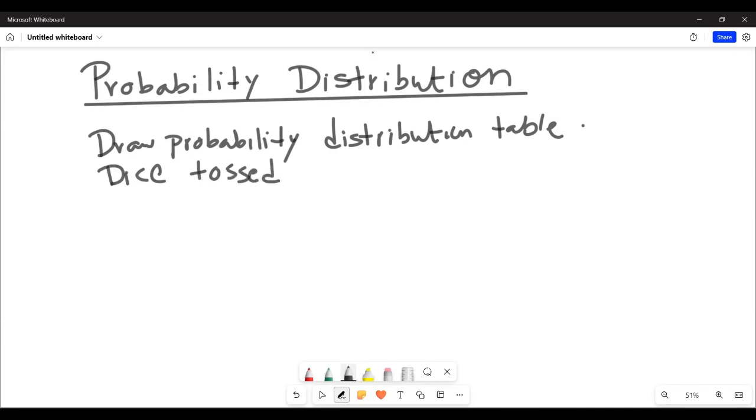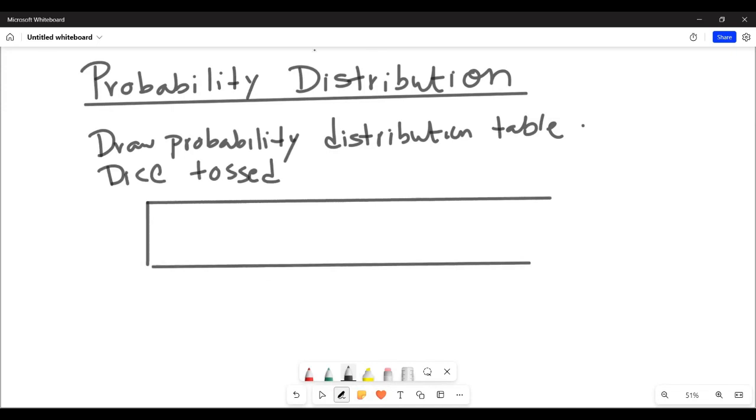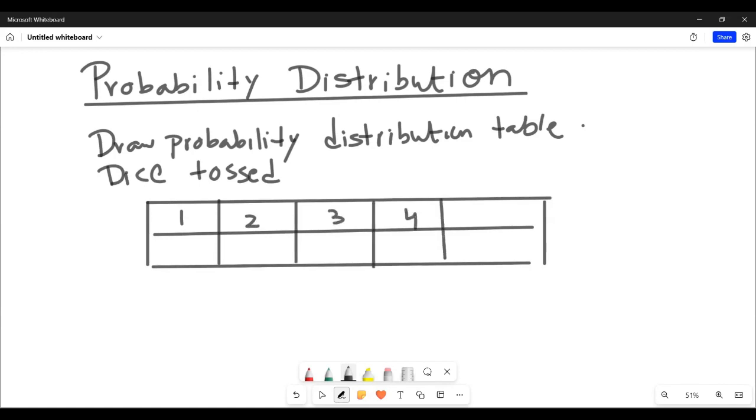Okay. So when a dice is tossed, tell me what outcomes are possible when you toss a die. What can you get when you throw a die? One can come, two can come, three can come, four can come, 5 and similarly 6.